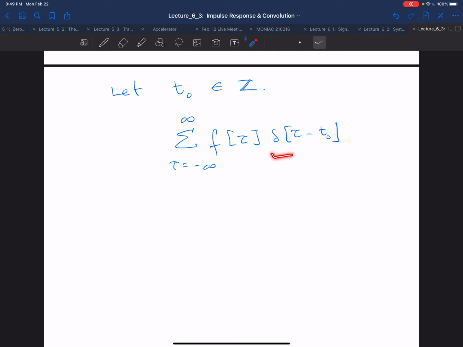If that is the case, this unit impulse will equal 1. So the term behind the summation will just equal f of tau, but again, this is the case where tau is equal to t naught, so this whole thing will be equal to f of t naught. Sorry, I should use square brackets here.